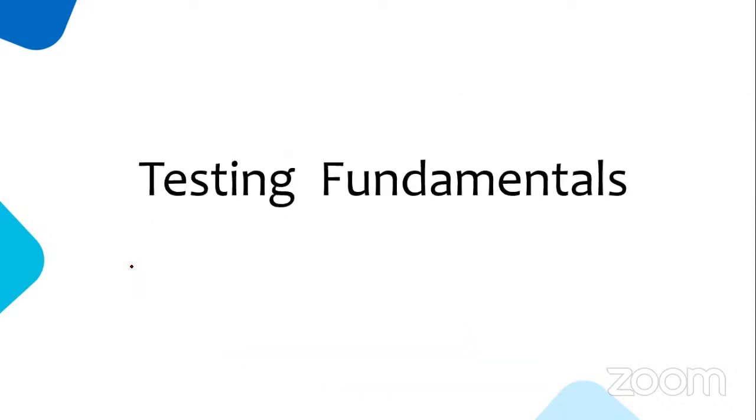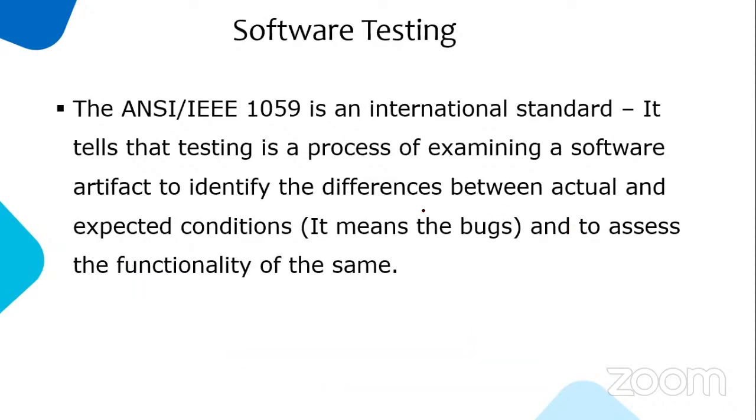Whenever we say find the fault, we have to test as per the requirement and make sure the actual and the expected conditions are the same. Actual results should be equal to expected results, everything according to the requirement.